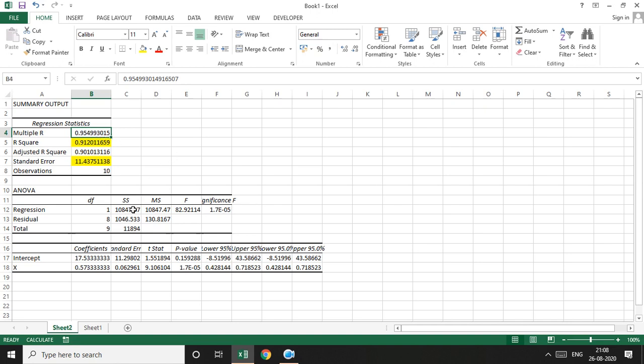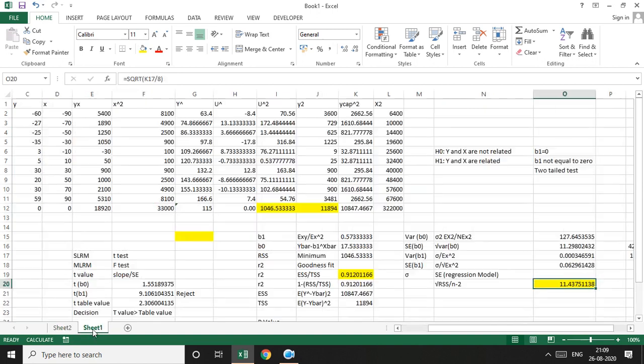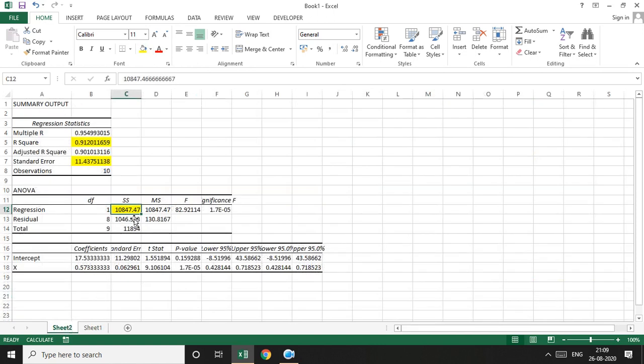Now this is 10847, which is nothing but the regression sum of squares, or explained sum of squares, ESS. We have got ESS 10847, here also 10847. Then this is the residual sum of squares, RSS, 1046.